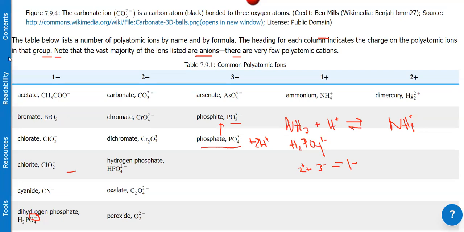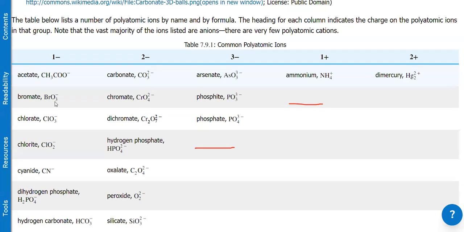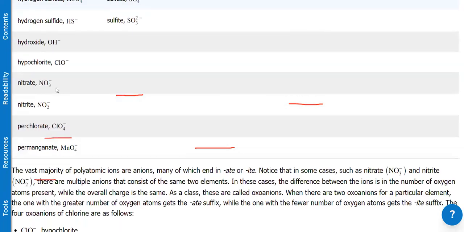So start with the ates. The ones I recommend are phosphate, ammonium, and scrolling down, hydroxide, which will be the one for base, nitrate, sulfate, and I think that's going to be it.